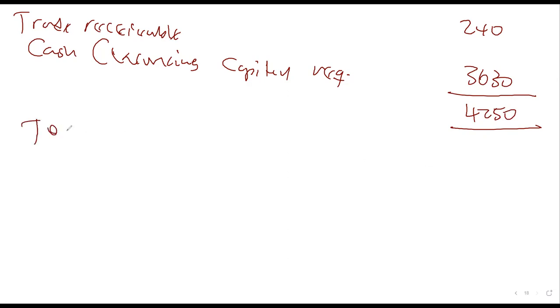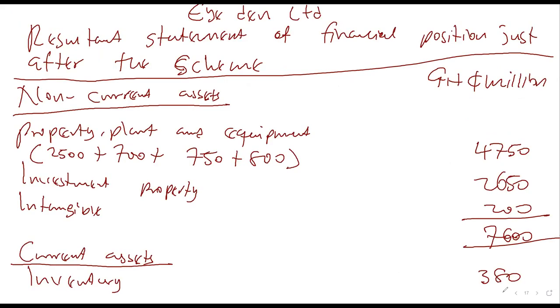Now you see total assets. You add the current assets to the non-current assets, 7,600, which gives us 11,850.